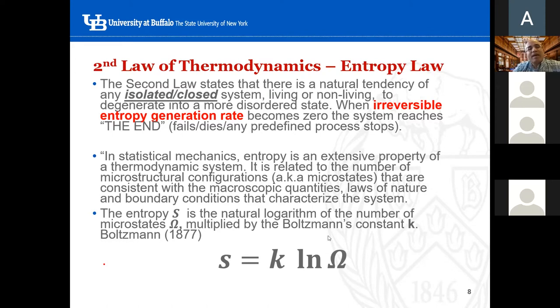And this is also called statistical mechanics. So entropy is an extensive property of a thermodynamic system, and it is related to a number of microstructural configurations, microstates. So what does microstate mean?